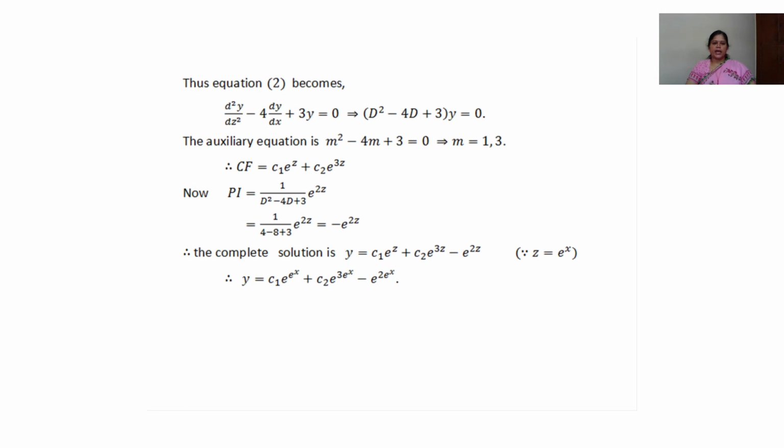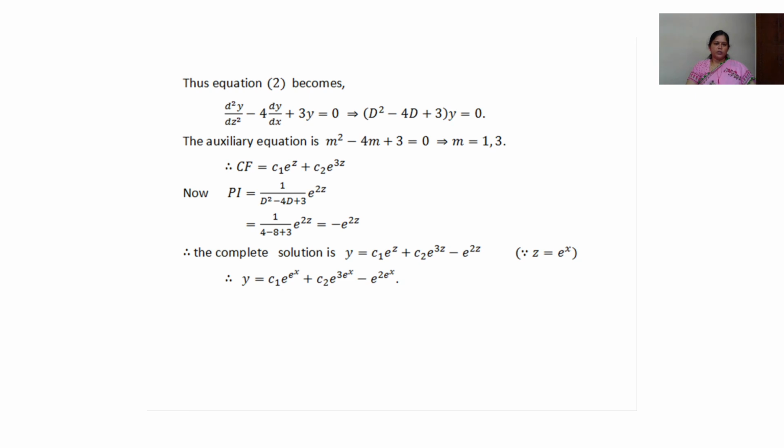Now the auxiliary equation becomes m² minus 4m plus 3 is equal to 0, that is m is equal to 1, 3. The right side value is not 0, it is e^(2z), so we have to find the particular integral also. So the complementary function is c1 e^z plus c2 e^(3z).